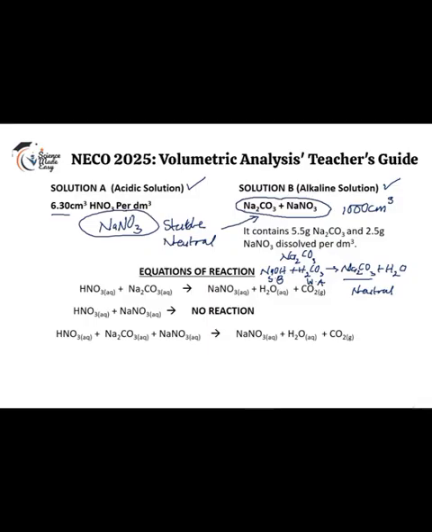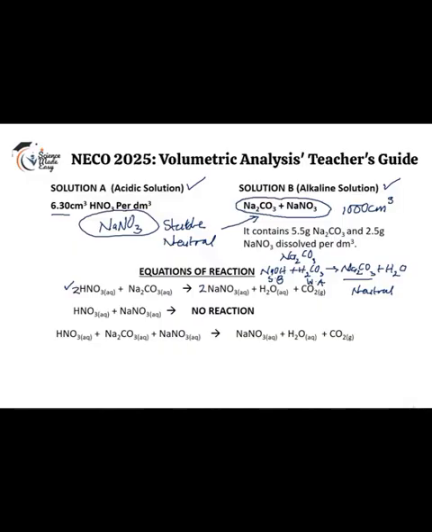Now let's consider the possible reactions we may have during the titration. If I have HNO3 reacting with sodium trioxocarbonate(IV), the result is going to be sodium nitrate plus water plus carbon dioxide. In balancing this equation, I have 2 sodium here to give me 2 NaNO3, and I have 2 hydrogen atoms here to balance up this equation.